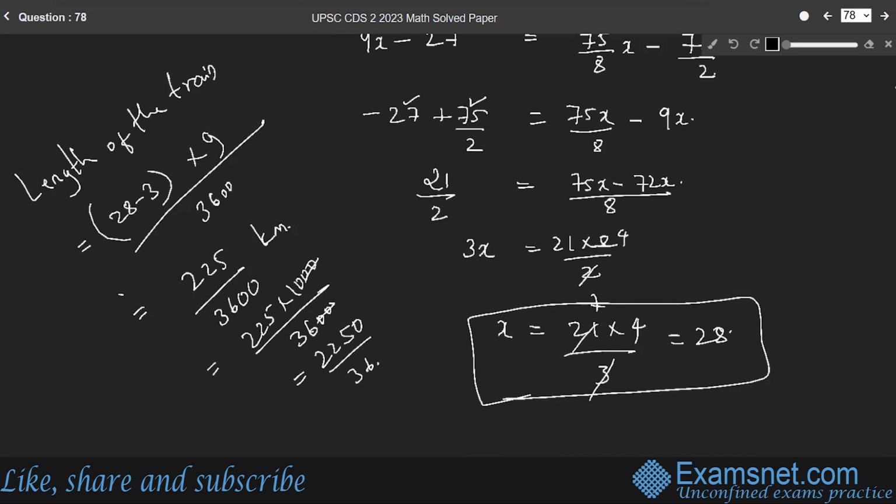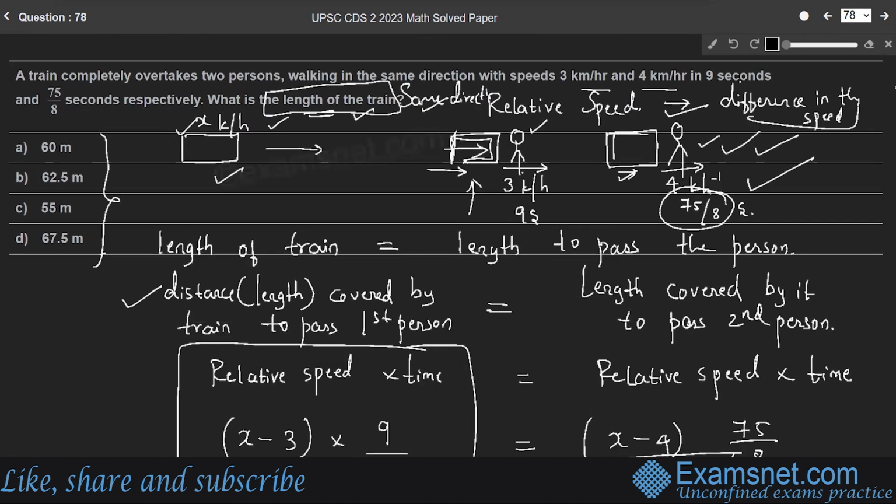Simplify it and you get 62.5. So the length of the train is 62.5 meters. Therefore, option B is the right answer, the length of the train.